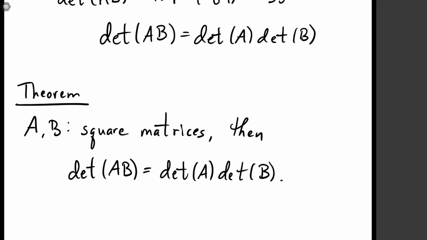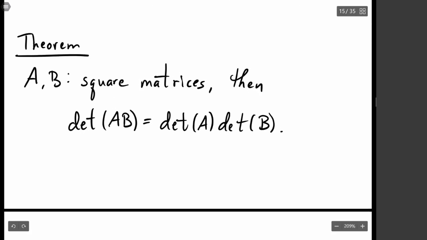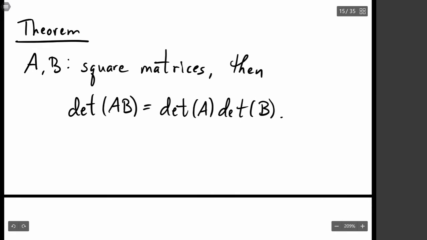So I'll let you look at the book as to why this should be true. But basically it's going to come down to looking at elementary matrices. So I'll let you read that over. So, what are some consequences of this?